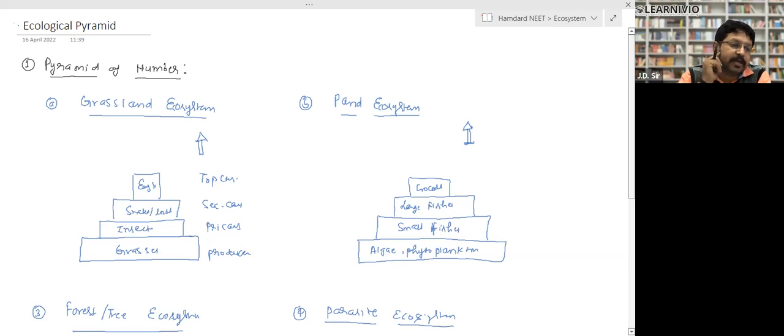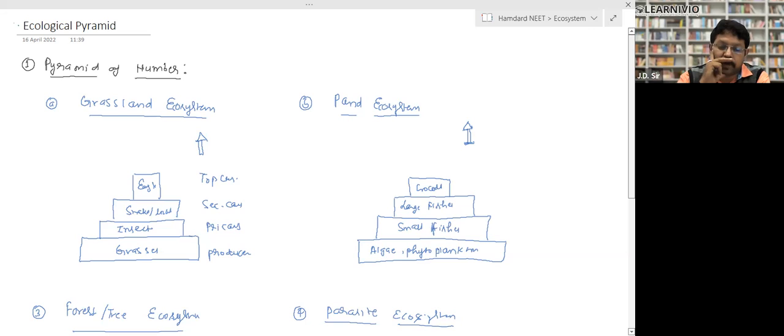Put the first subheading, pyramid of number. So in the pyramid of number, we take the number of organisms present at every trophic level.